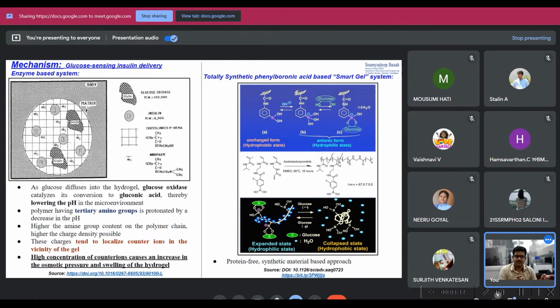We studied how the ionic and osmotic imbalance creates swelling of the hydrogel, as well as increased insulin cargo release, and the synthetic version, the phenylboronic acid (PBA) based polymers, which can be used as a glucose sensing system. We have studied it, right?